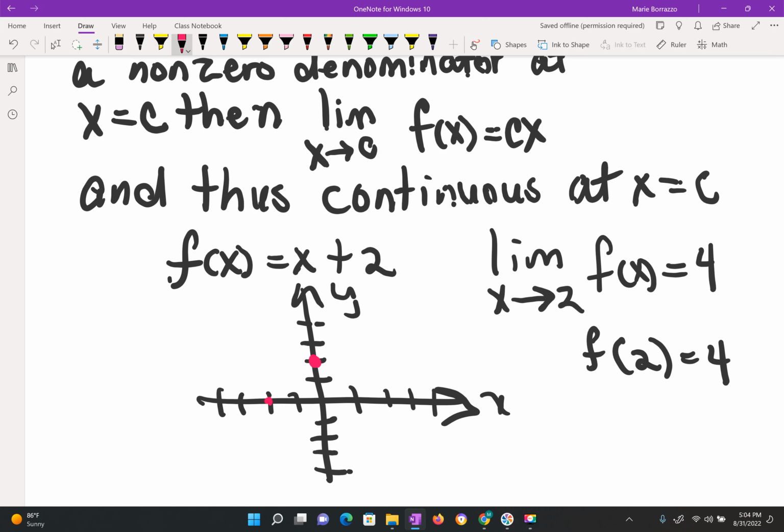If I'm here and here, this is where I'm intersecting the graph. I know that this point right here, where x is 2, y is 4, should be on my graph. So just drawing it, you can see it's continuous because there's no reason for x equal to 2 to not be a function. It actually gives you a value. So that is an example of continuous at x equals c.